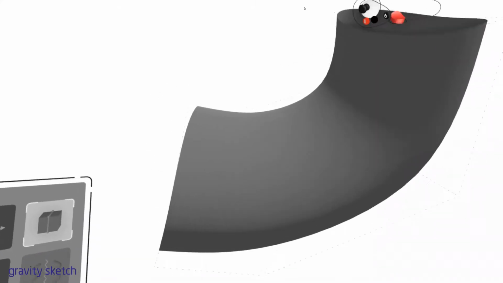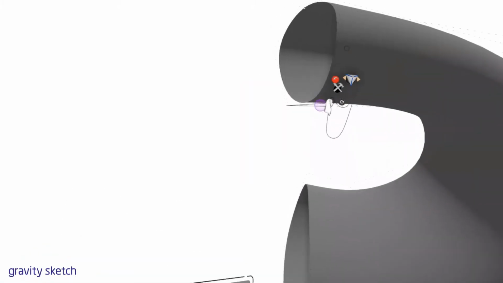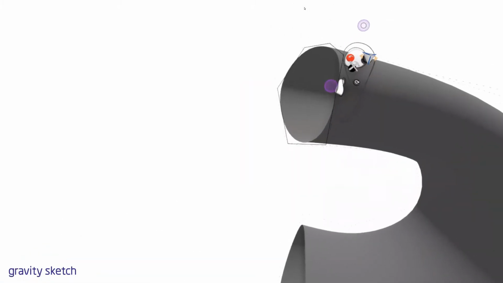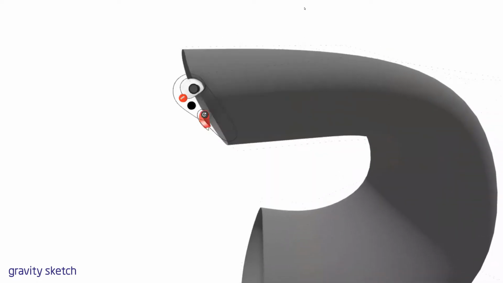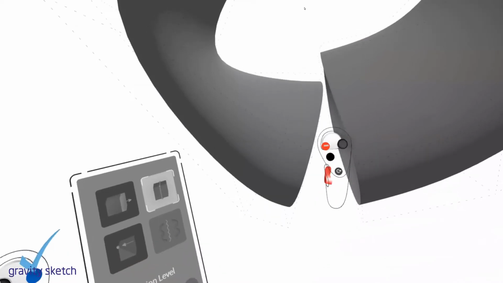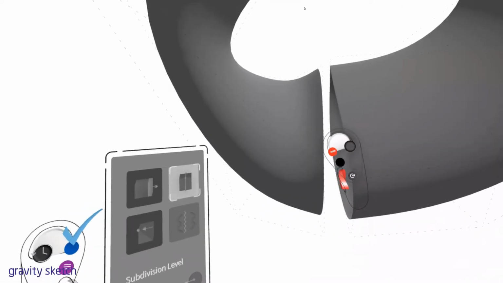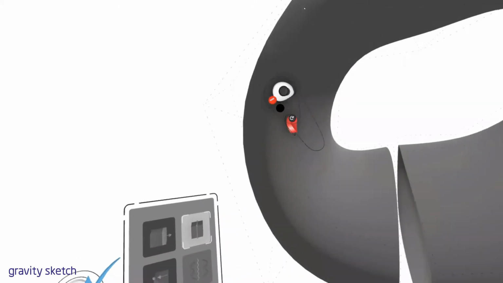So you should be careful as you click the points so that they don't overlap on top of one another. And so what we have now is the start of a torus.